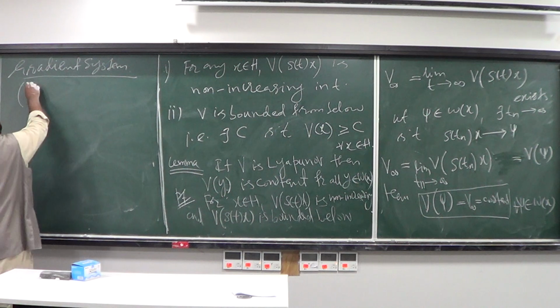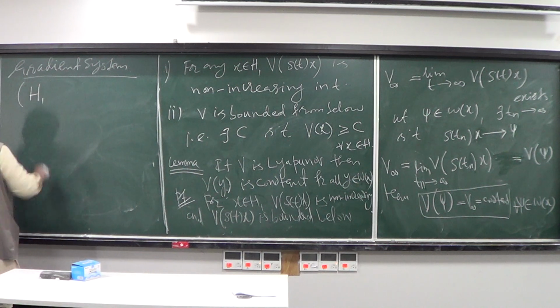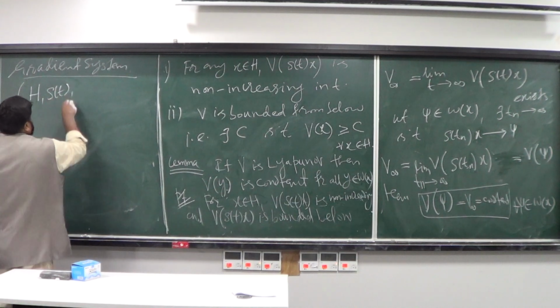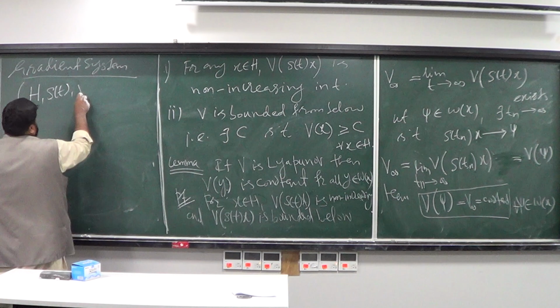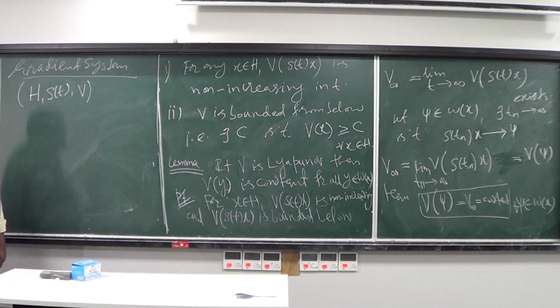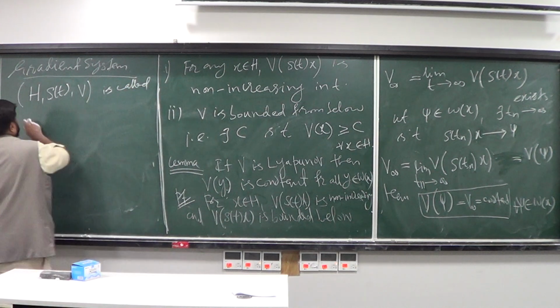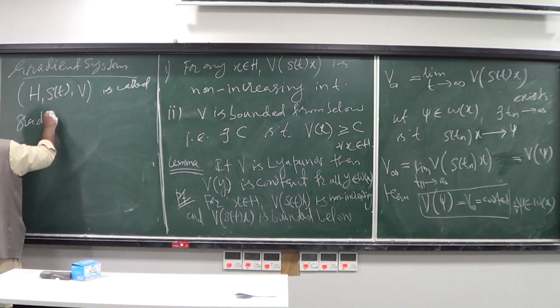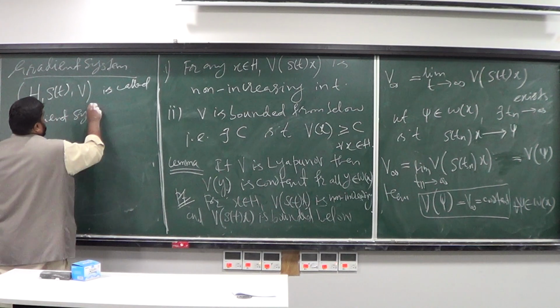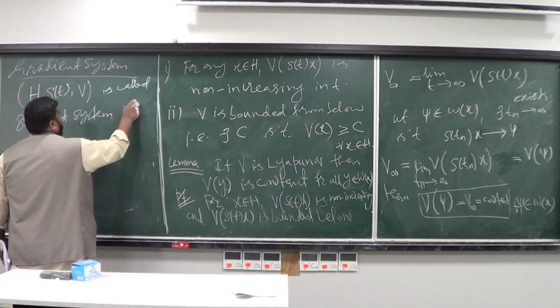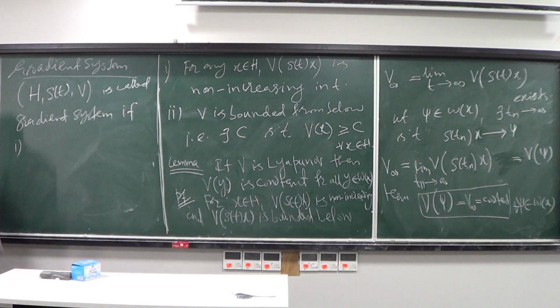A gradient system is a triplet in which H is a metric space, S of t is a C0 semigroup, and V is a Lyapunov functional. So this triplet is called a gradient system if the following two conditions are satisfied.